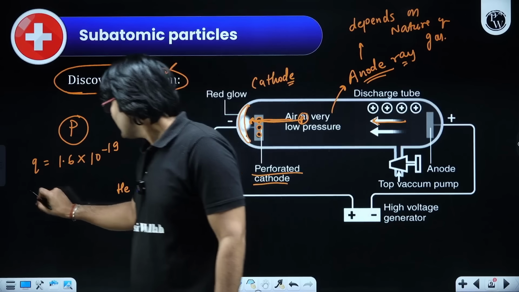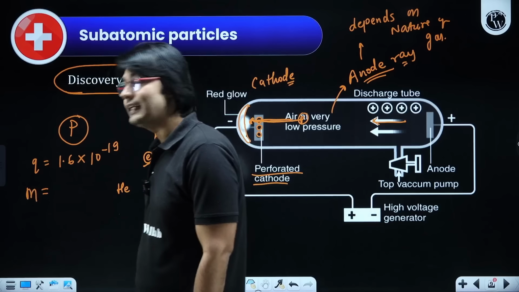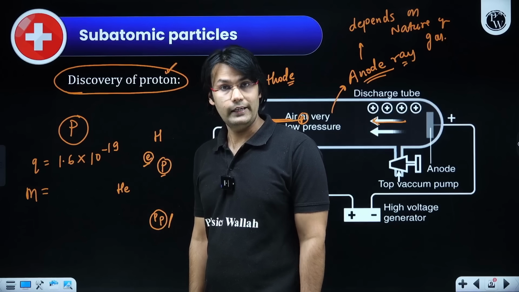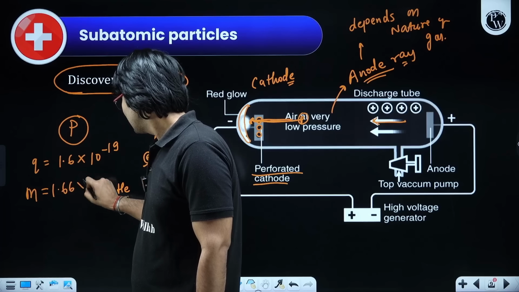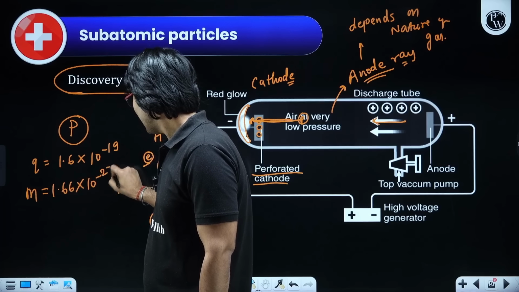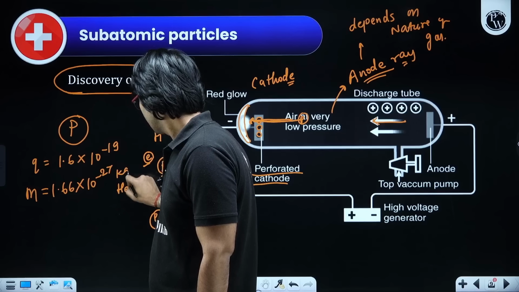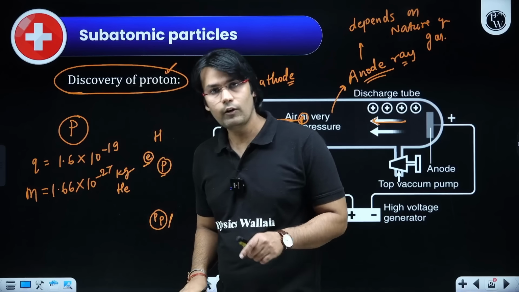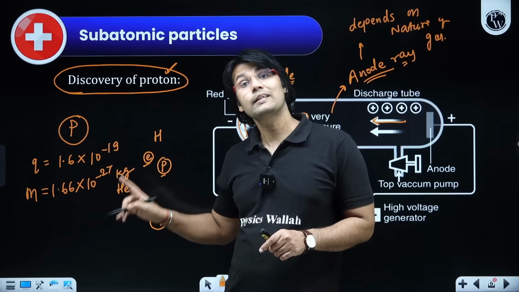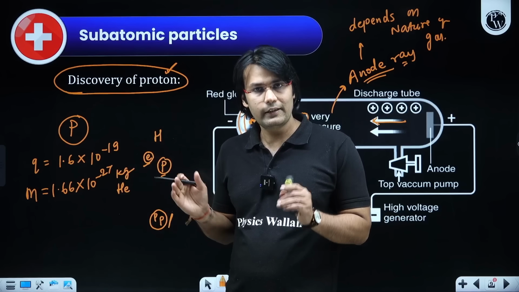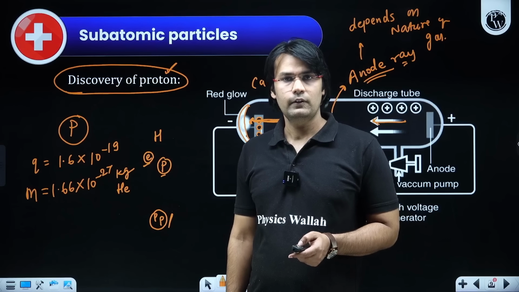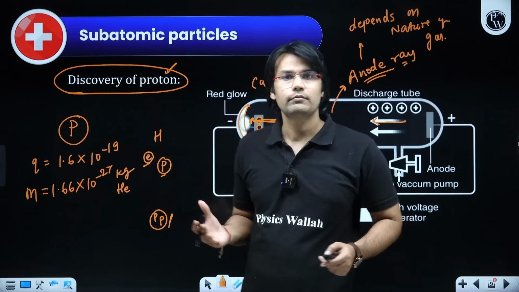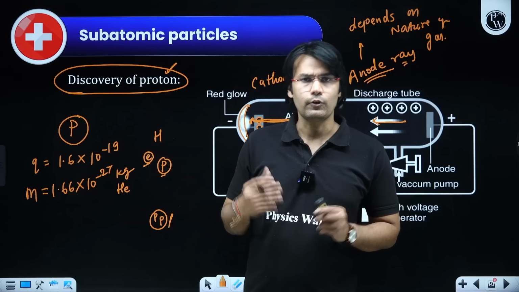But we have a huge difference in the mass part. The mass of proton is nearly 1.66 into 10 to the power minus 27 kilogram, and the mass of electron is of the order 10 to the power minus 31 kilogram. So there is a huge difference in the mass of electron and proton. So this is what we have in the discovery of electron and proton.